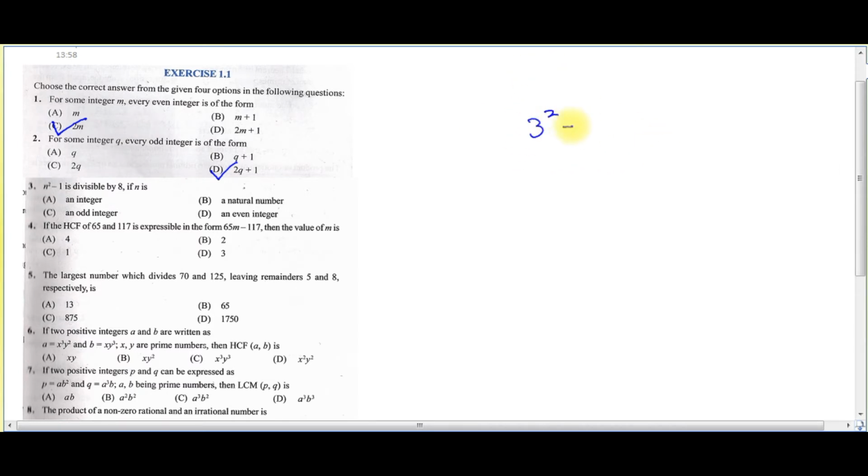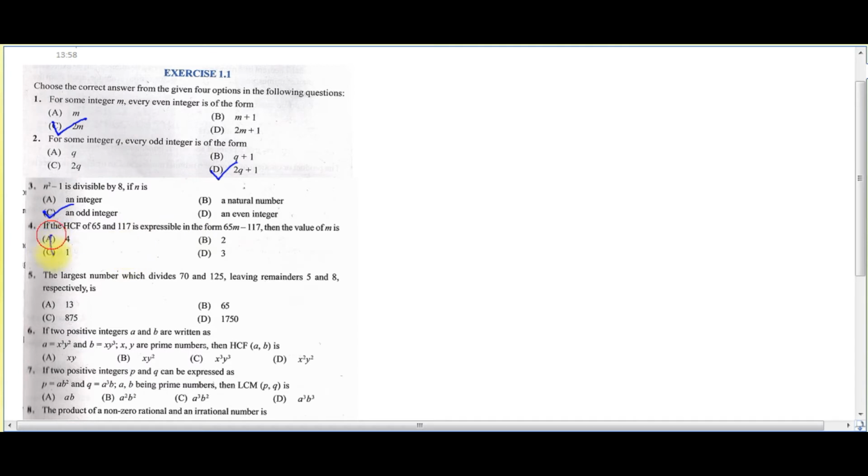Then 3 squared minus 1 is 9 minus 1, which is 8. This is correct. So the answer is an odd integer.